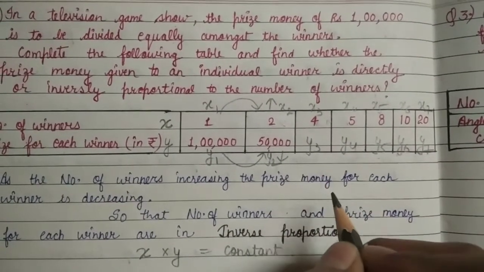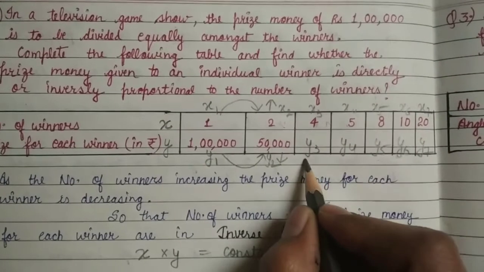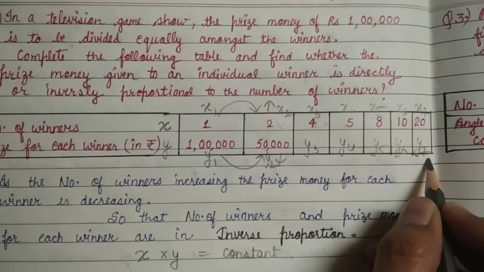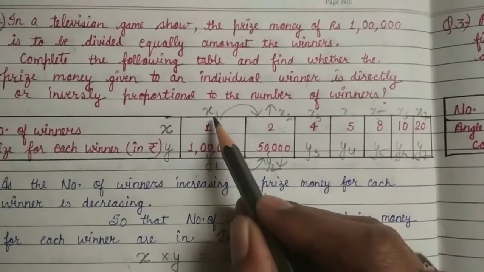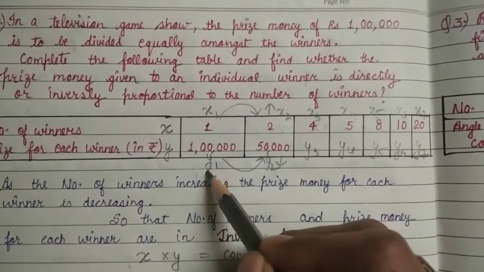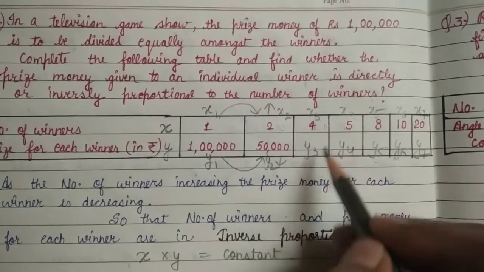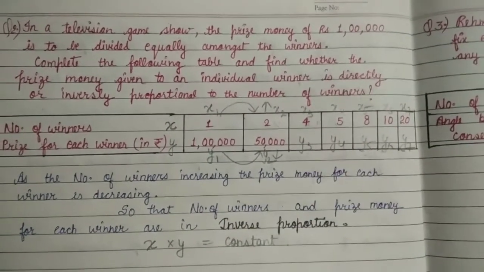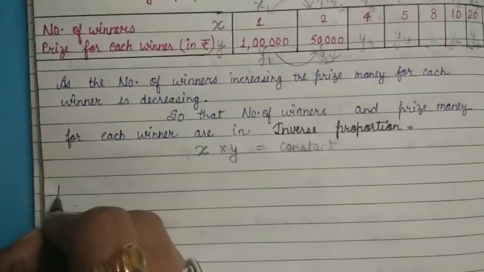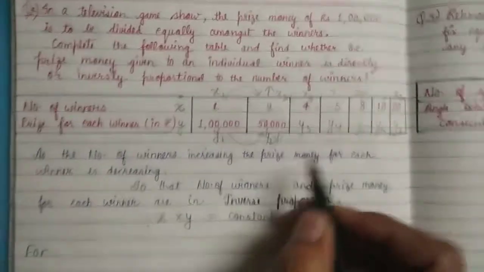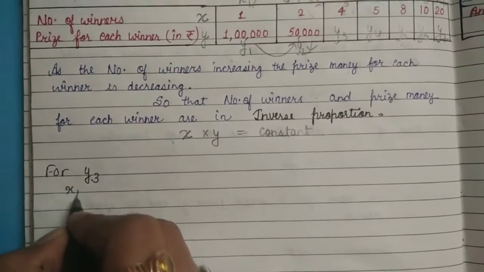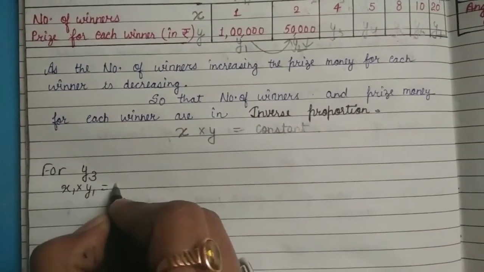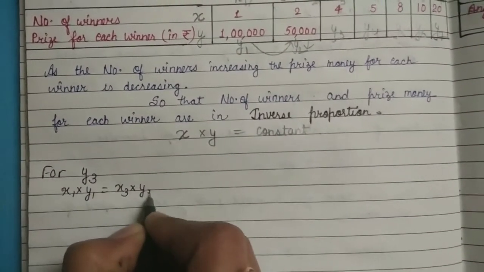Now we want to find the values from y3 to y7, which can be found by comparing x1 into y1 with x3 into y3. Firstly we take the value of y3: x1 into y1 is equal to x3 into y3.